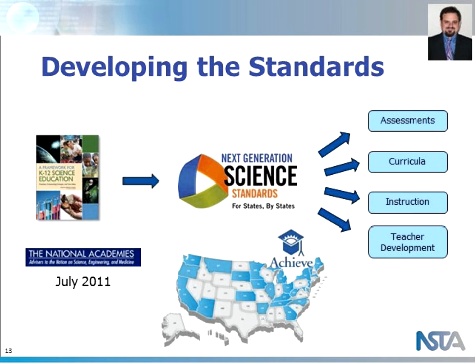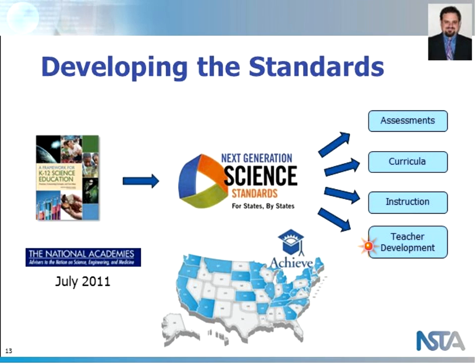There's a 2-step process here: the framework was released by the academies back in 2011, and we have the standards themselves currently underway. ACHIEVE is working with the states highlighted in blue to develop the standards, and the standards then will drive assessments, curricula, instruction, and teacher development.